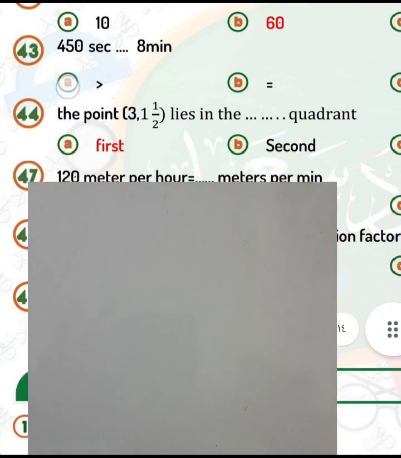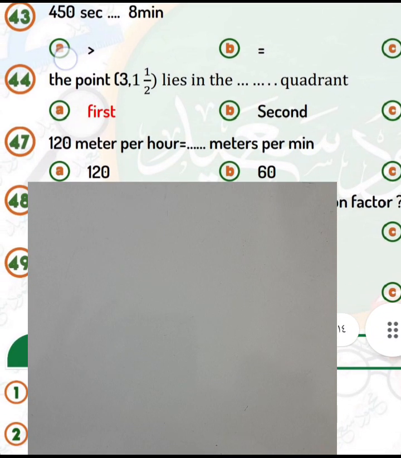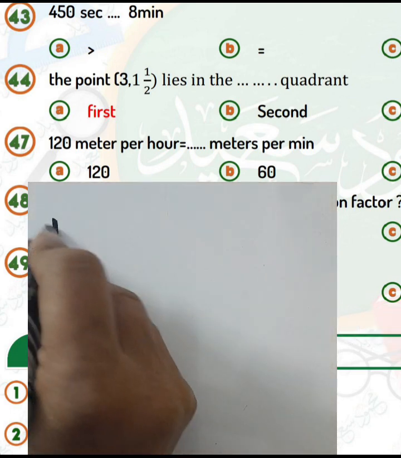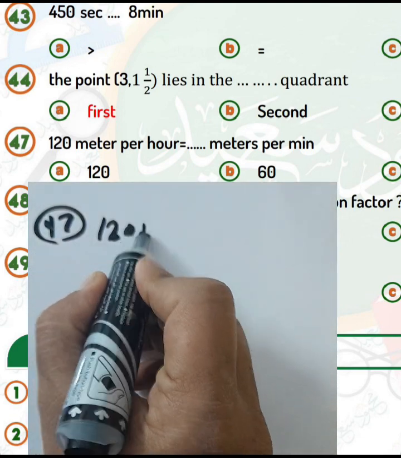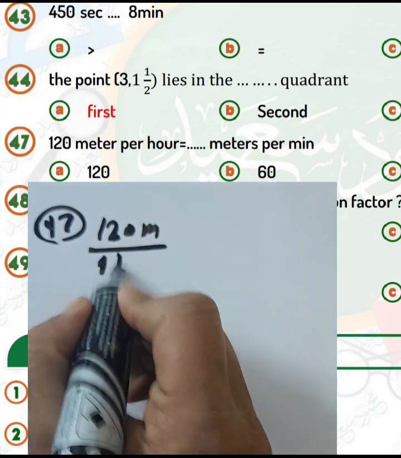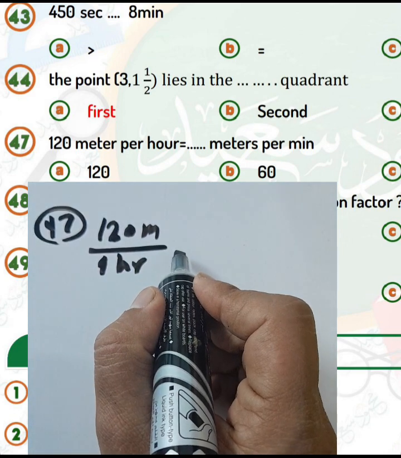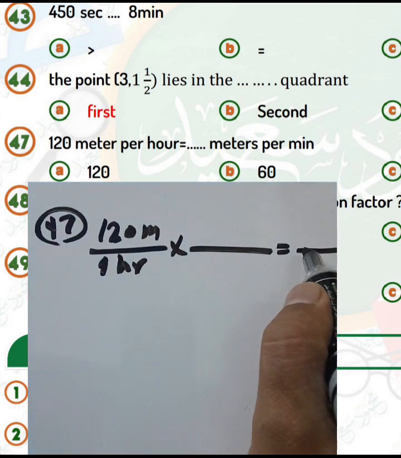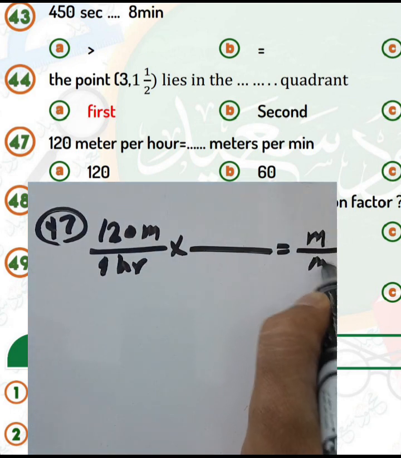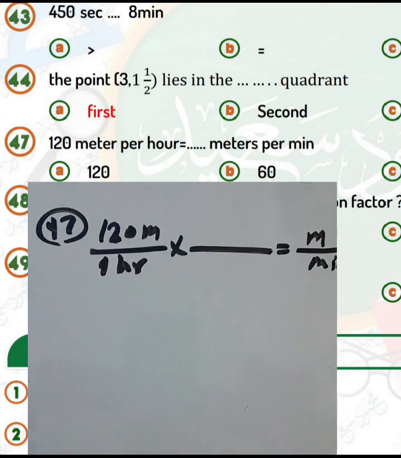Next question 47. Convert 120 meter per hour to meter per minute. We have 120 meter per 1 hour. We have one conversion factor. To convert to meter per minute, we must cancel the hour. We know 1 hour equals 60 minutes.